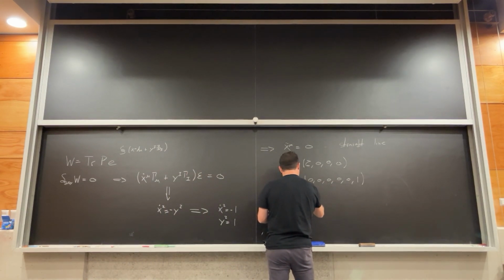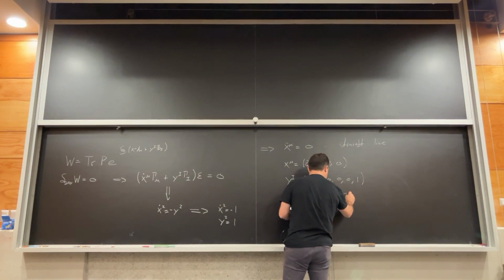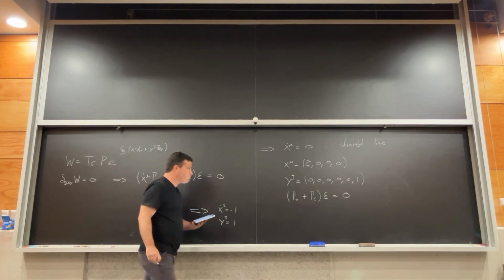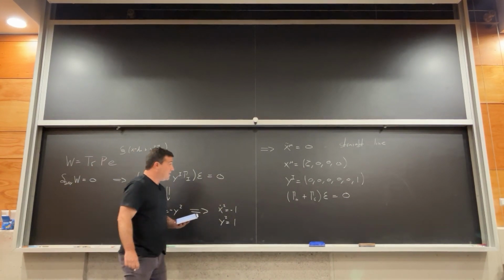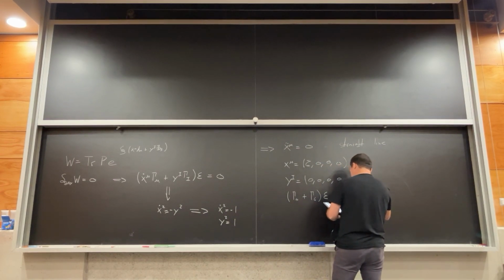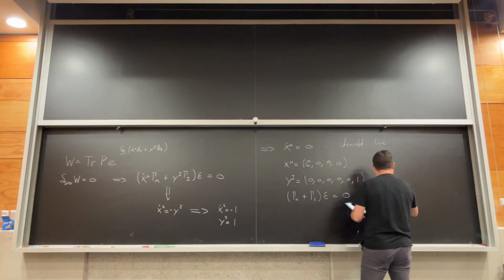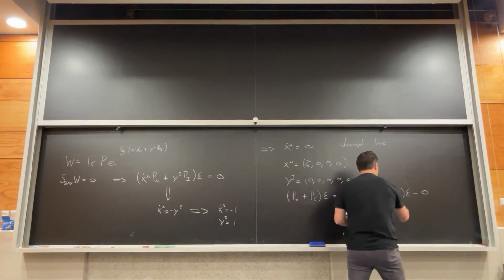gamma 0 plus gamma 6 times epsilon equals 0. Okay? Which I can write as 1 minus gamma 0, 6 epsilon equals 0.